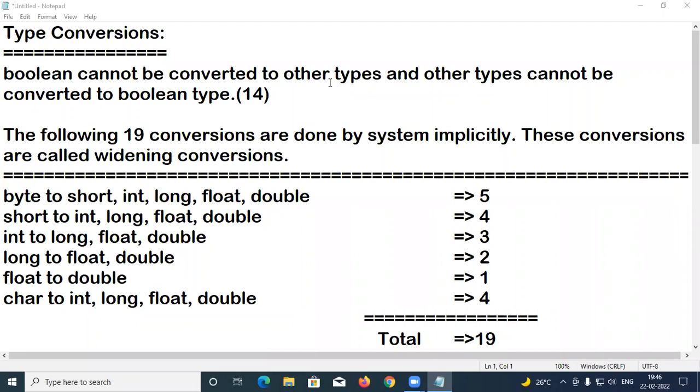So for the 56 type conversions, 3 code snippets I'll explain, and the remaining 53 you can give the answer, whether it is possible. Just first you write these notes. After that I'll explain.